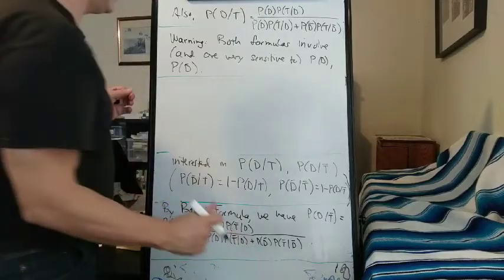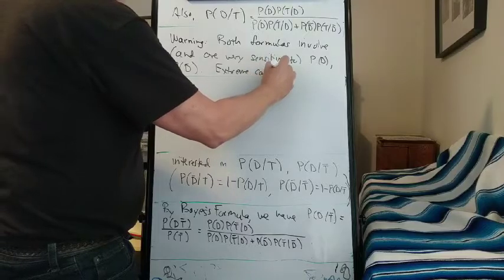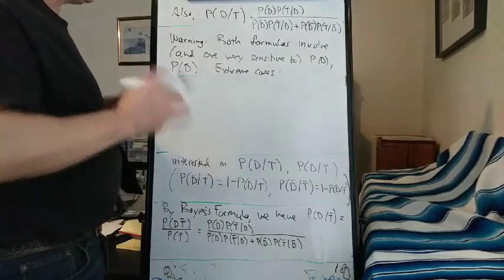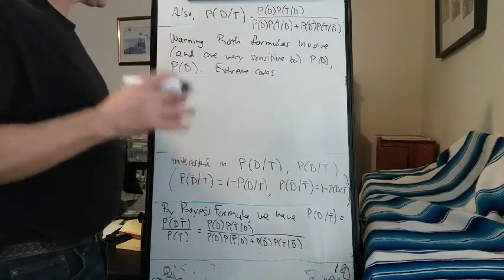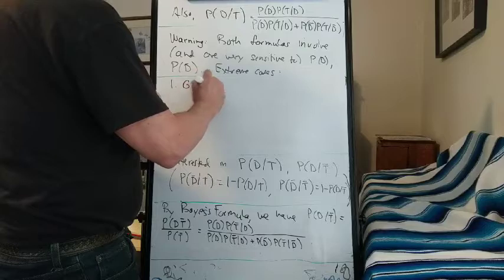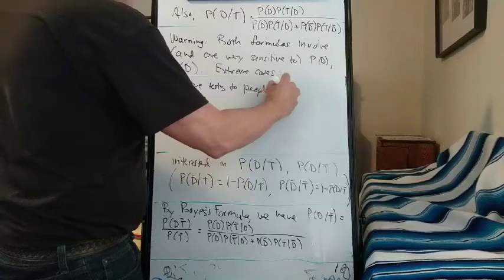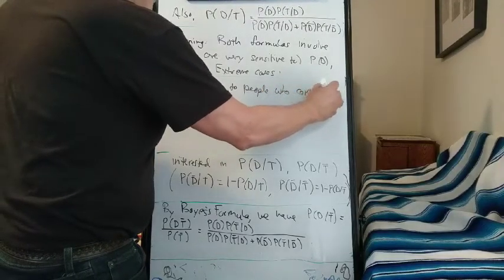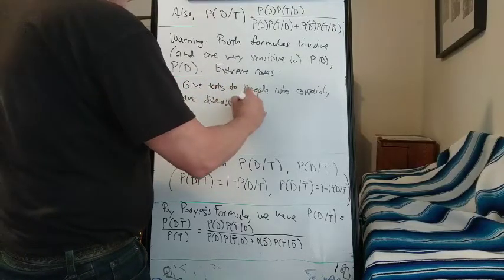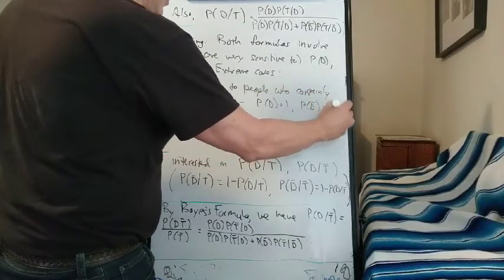So let's look at extreme cases. Let's say we give the test only to people who have the disease. So we have a population of people who are known to have the disease, and we're just looking to see how the tests work. So probability of D equals 1, probability of not D equals 0.